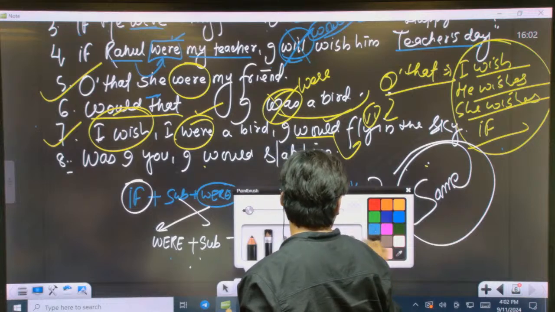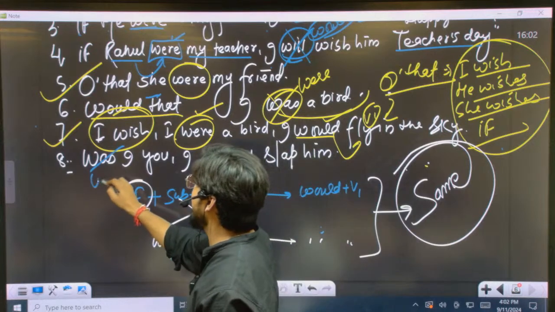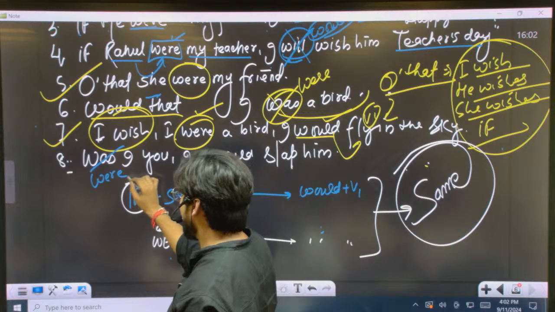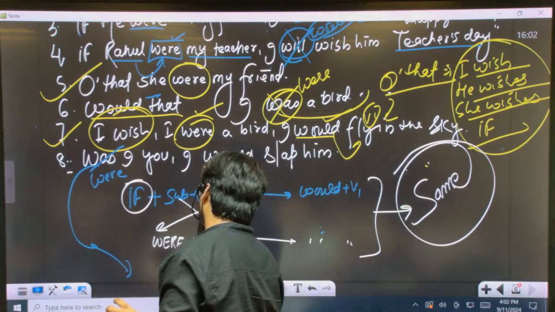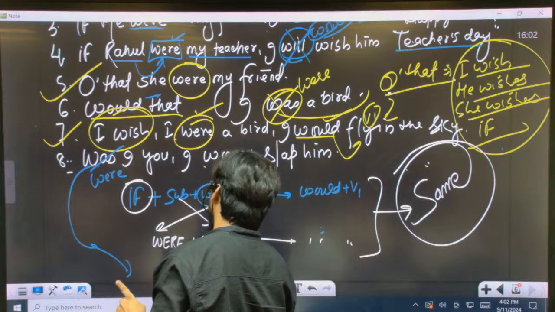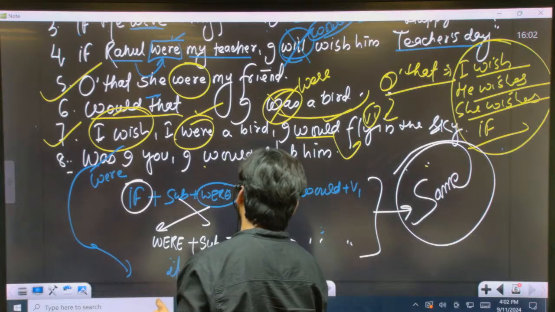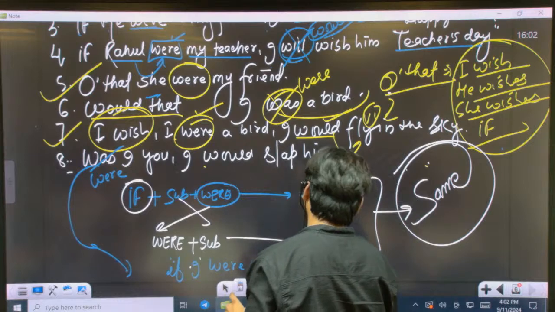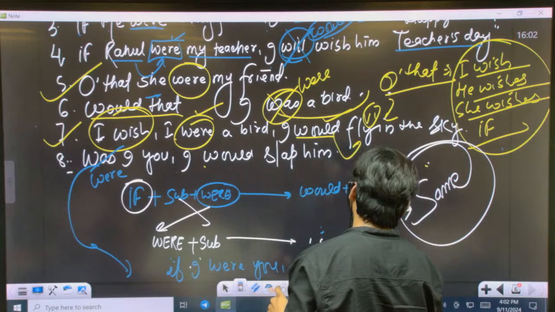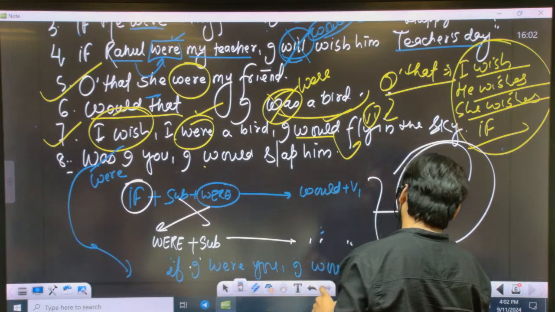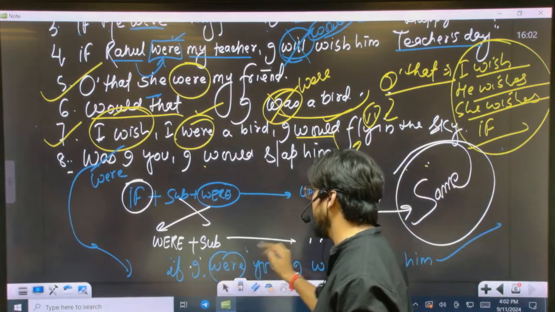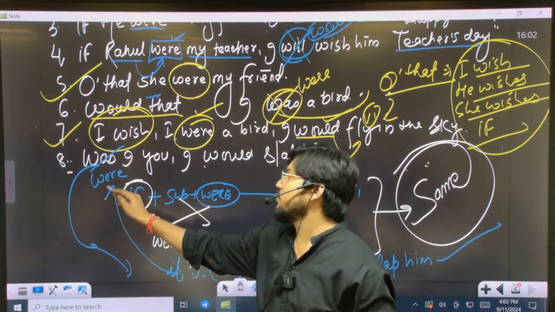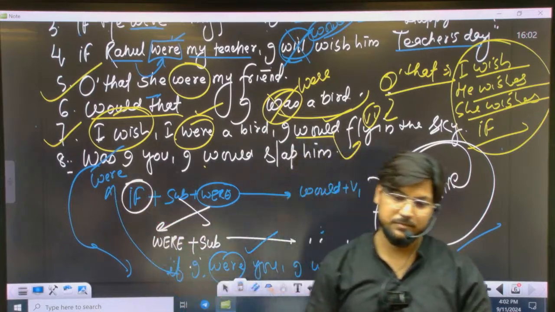The sentence must be correct by using were I you. If I write it in a simple way, I need to write if I were you, I would slap him. This is also correct because I were has been used, and this is also correct, were I you.